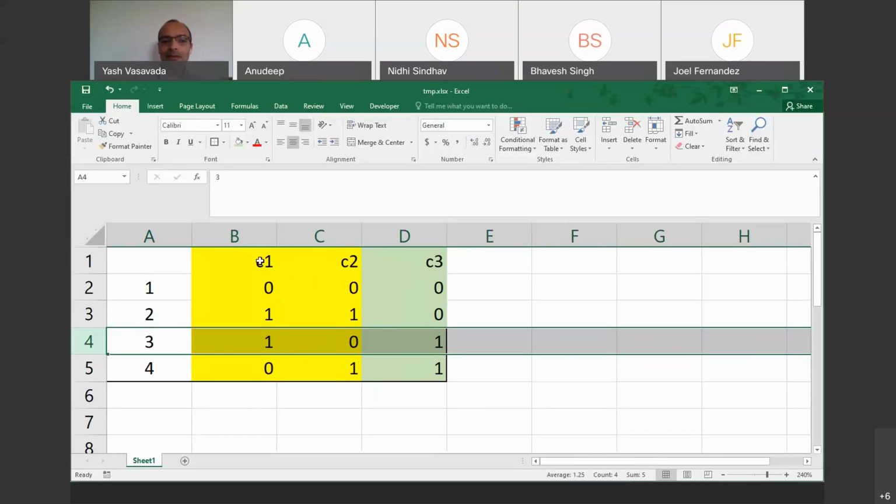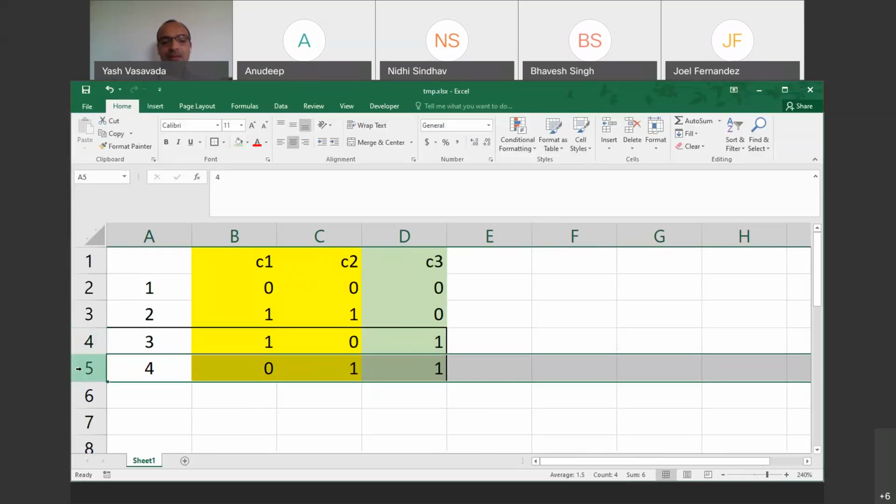Right? It won't be 1 over 4 because C1 and C2 have different probabilities of being 1. So this will be P1 into 1 minus P2. What will be the probability of this? It will be 1 minus P1 into P2, similar to what Anudeep just now said.